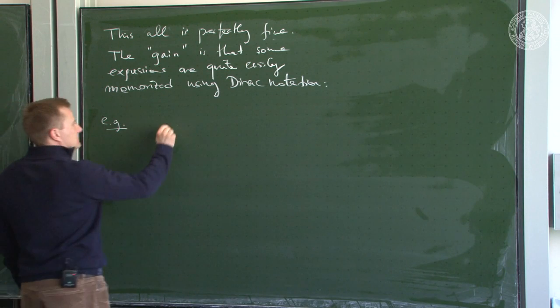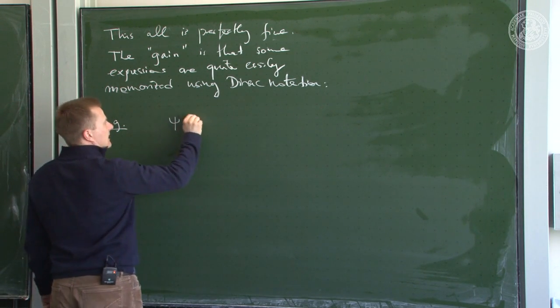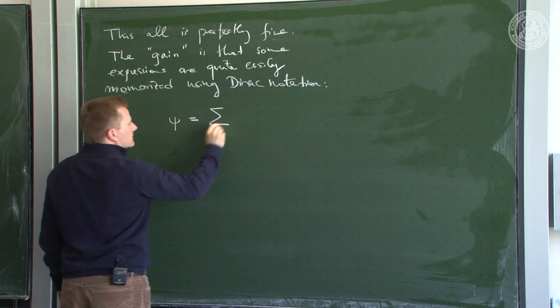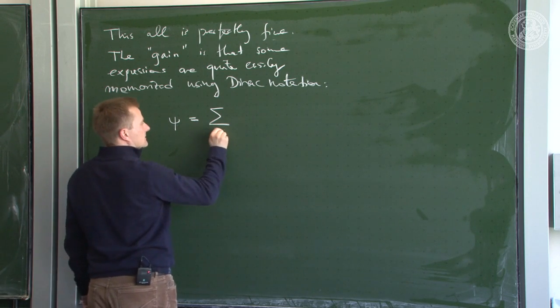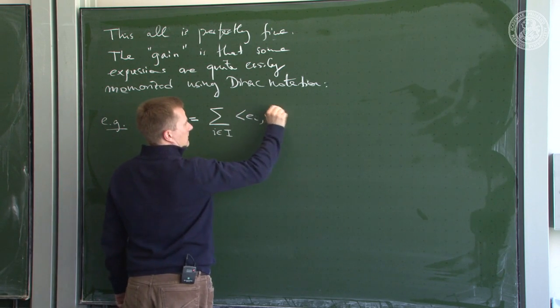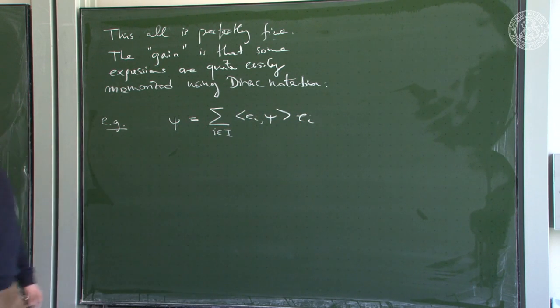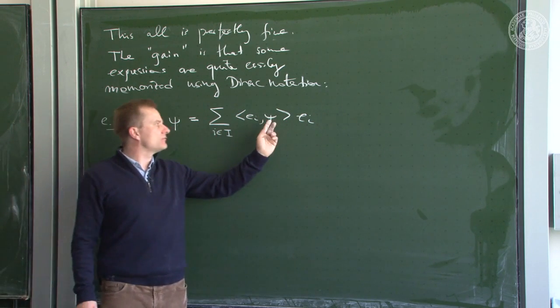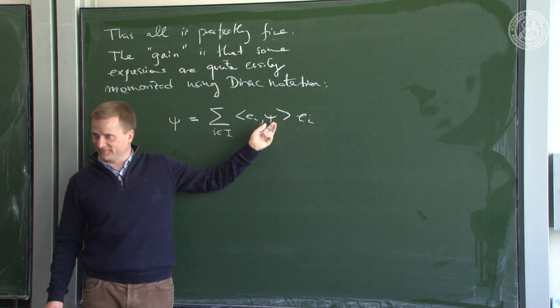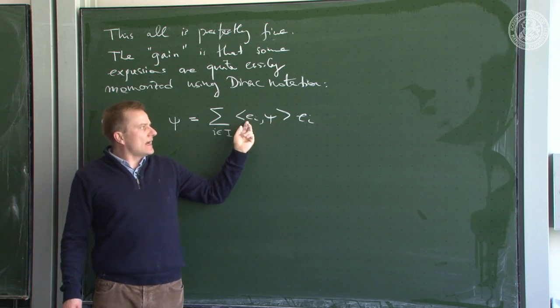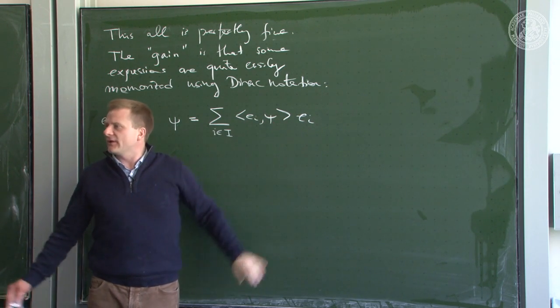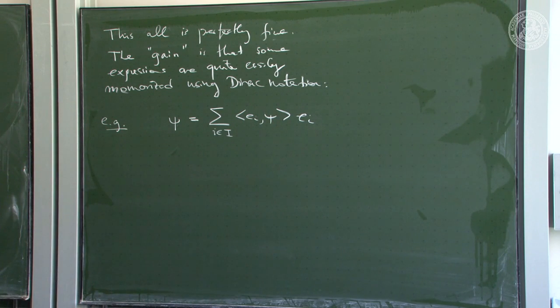take this statement that any psi can be written in terms of an orthogonal basis as this decomposition. I mean, this is for advanced students because you have to remember that the psi goes to the second slot, and then this e_i here and the e_i here. Okay, so you memorize this formula anyway.